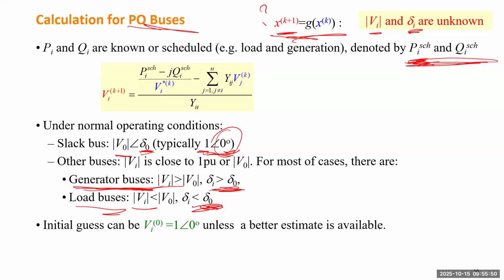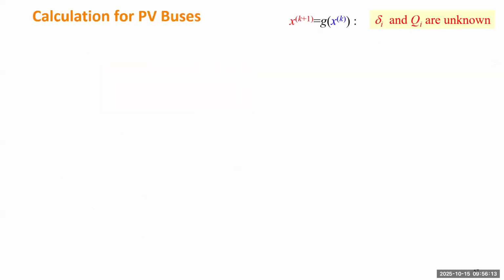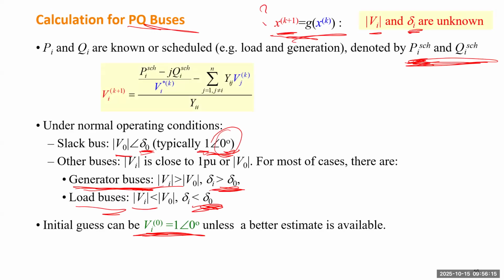But if you don't want to utilize that assumption, you can simply let the initial phasor for each PQ bus be 1, same as the slack bus, unless you have a strong reason to make a better estimate. This is everything we need to know about PQ buses, because there's just a single formula. You just iterate using this formula.